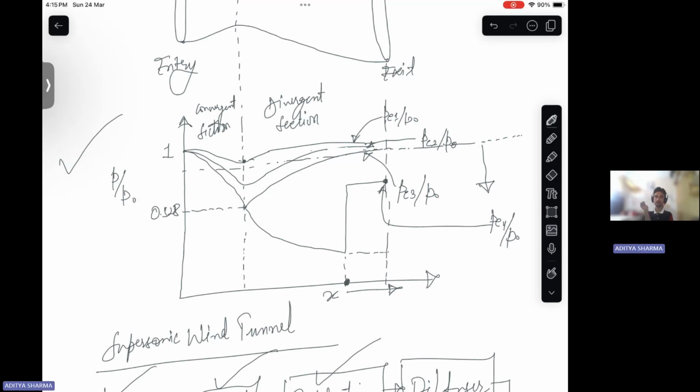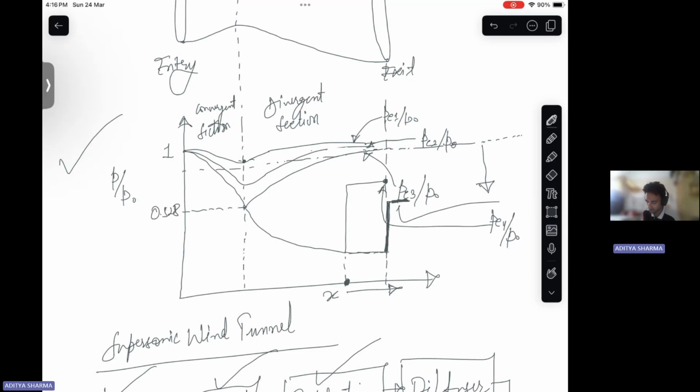So if we further keep reducing this exit pressure, a time will come when the shock will reach the exit. So we will see a shock at the exit. This will look something like this, right? I'll just draw this in bold.